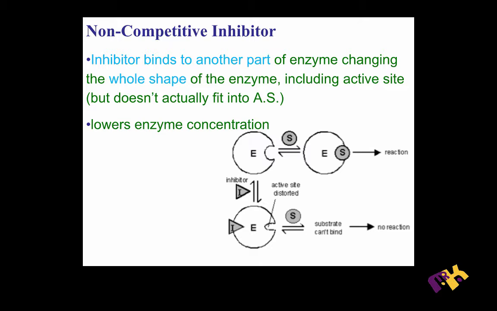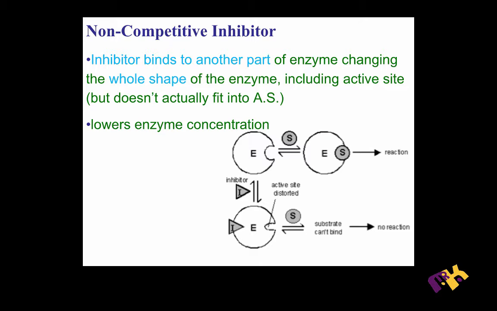So in our picture here, we have an enzyme from before, we have our substrate as before, and if nothing's there, then the reaction proceeds. But if we have an inhibitor, a non-competitive one, and it binds to someplace else on our enzyme, it changes its shape. And now our substrate won't fit. And if it can't fit, then it cannot do its function. Cannot lower the activation energy, cannot make products. Game over, we're done, shut down.